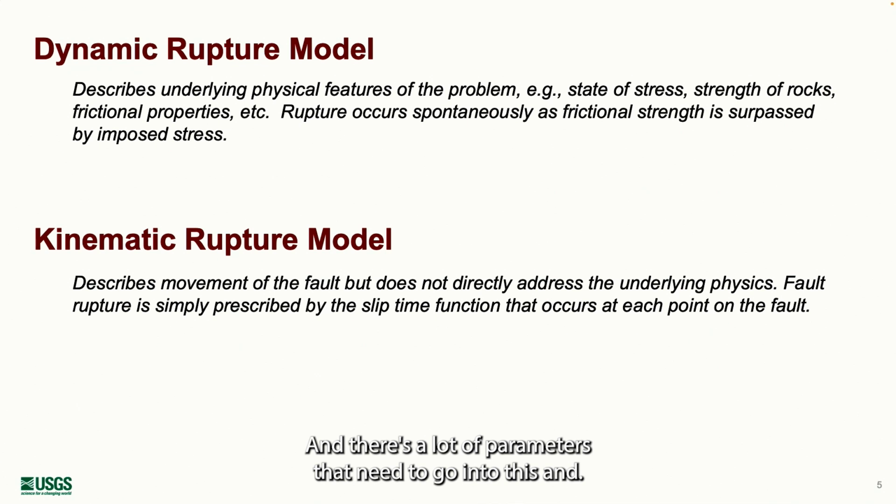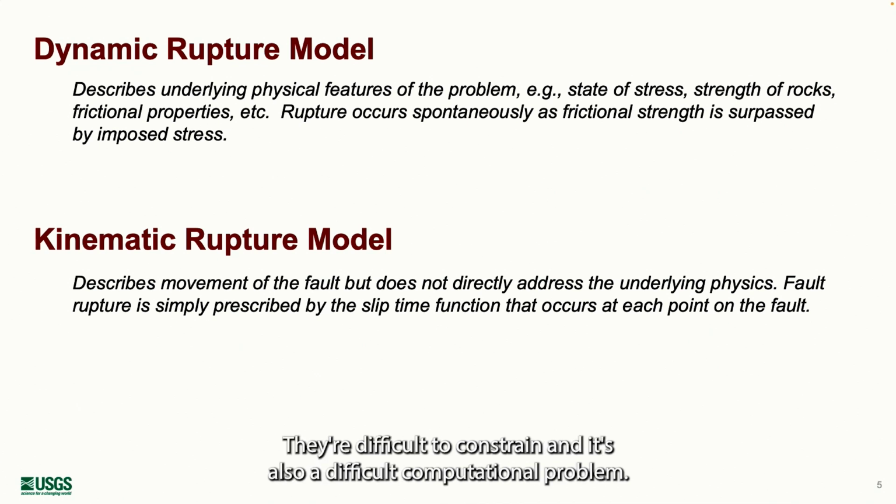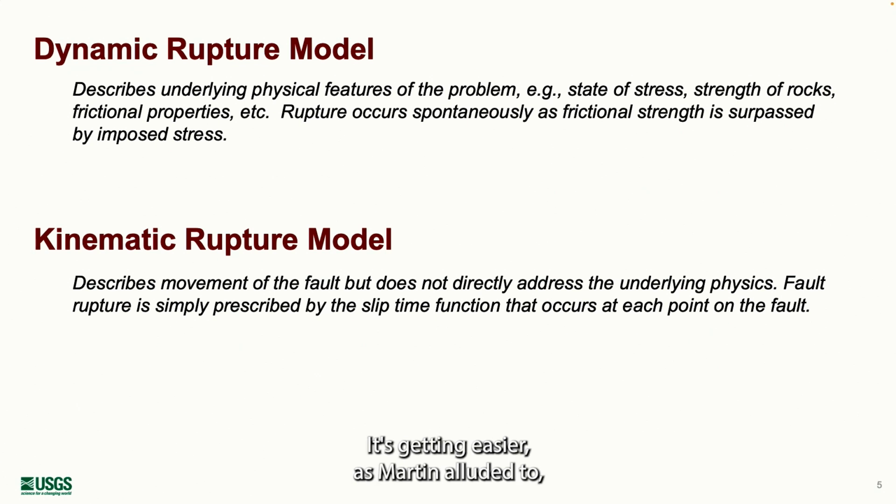There's a lot of parameters that need to go into this, and they're difficult to constrain, and it's also a difficult computational problem. It's getting easier, as Martin alluded to, but it's still a little bit more at the forefront. On the other hand, the kinematic rupture model, it just describes the movement of the fault, but does not directly address the underlying physics.